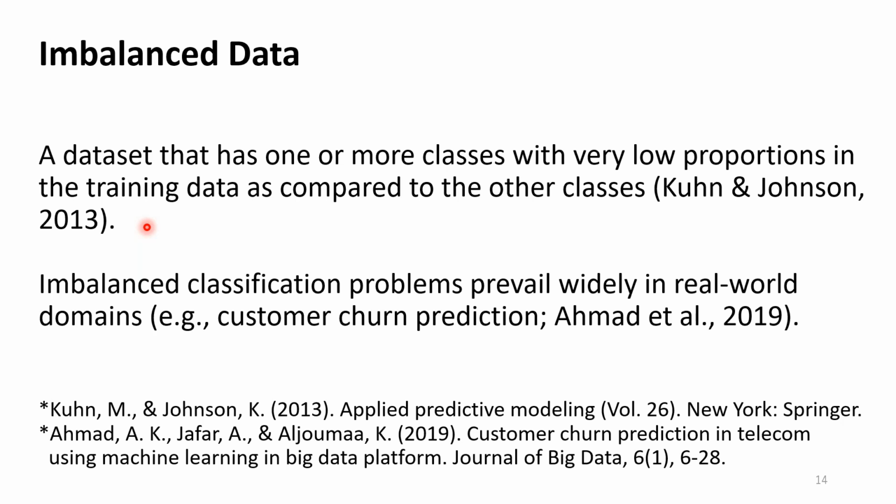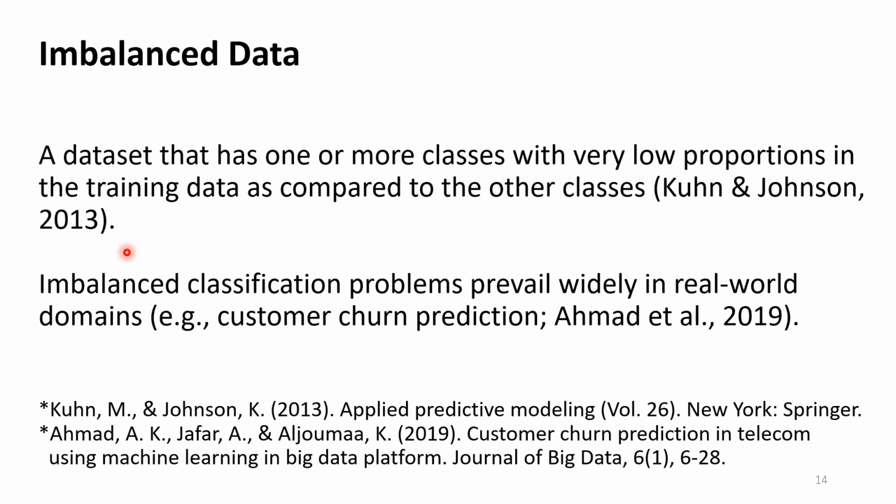In general, one of the notable characteristics of customer churn data is that it is imbalanced data. Imbalanced data is a dataset that has one or more classes with very low proportions in the training data as compared to the other classes. And an imbalanced classification problem is a classification modeling built on imbalanced data.